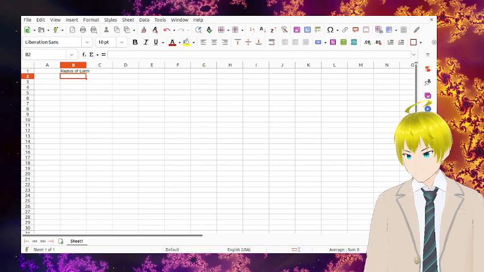Oh wait, no. Actually, a little trick you can do is paste it into a text editor first, and then copy and paste it into your spreadsheet, so it loses all of its formatting. That's a nice trick.